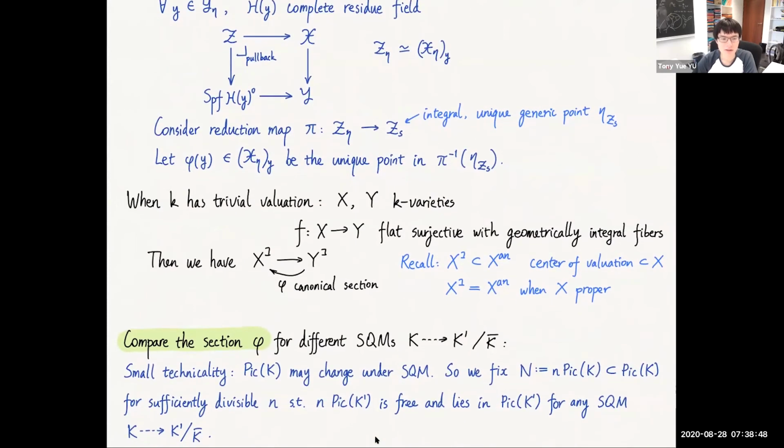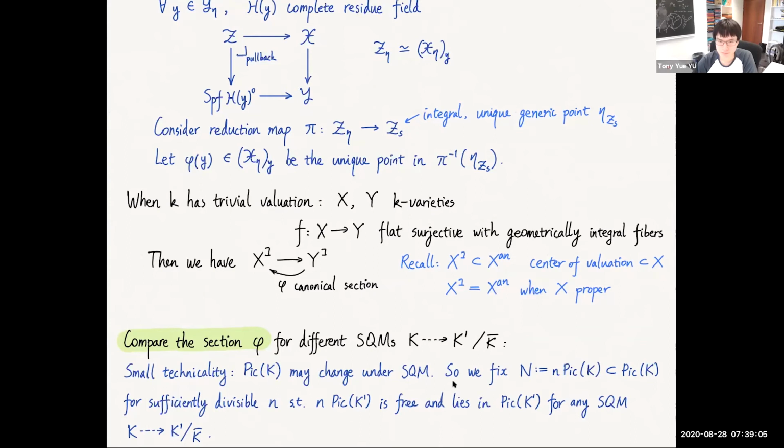There is a small technicality, which you can perfectly ignore, that the Picard group of K may change under a small birational map.